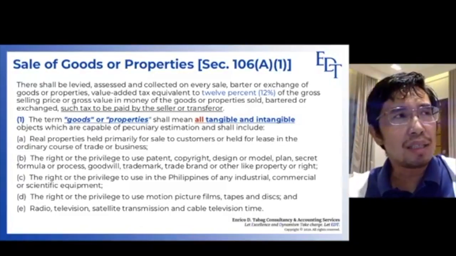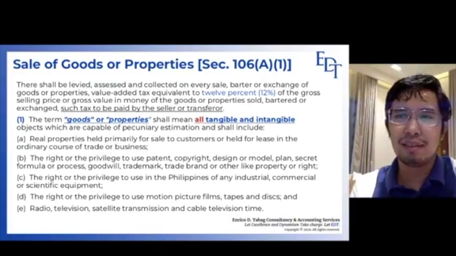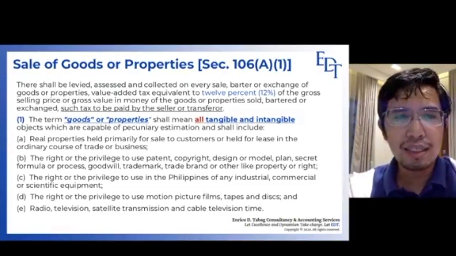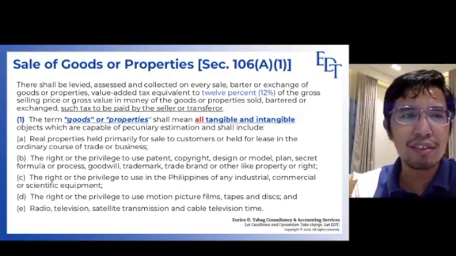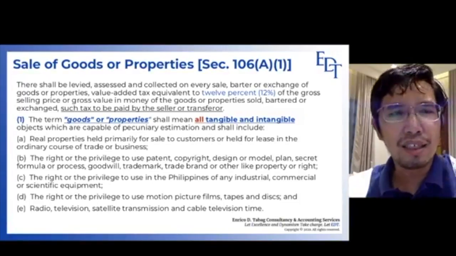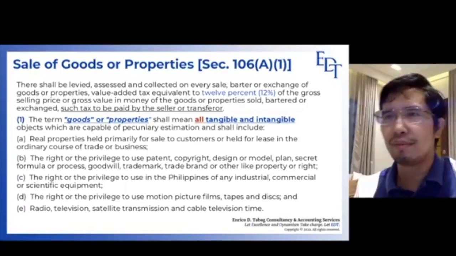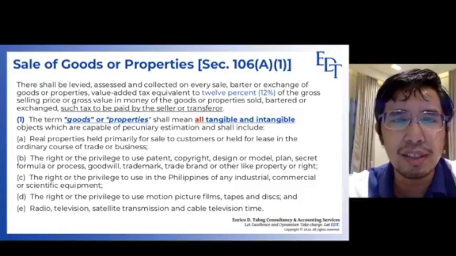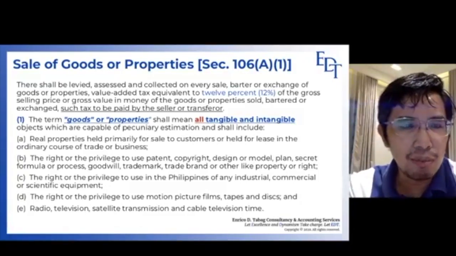So, pag sinabi daw nating sale of goods, sale of properties, ito ang mga magfo-fall doon. Yeah. So, nakalagay dyan, shall mean all tangible and intangible objects which are capable of pecuniary estimation and shall include. Okay? So, bago natin basahin yung mga enumerations under this particular section of the tax code, yan lang ang basahin mo muna for the meantime.